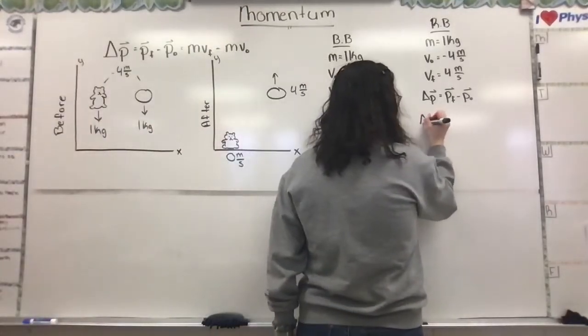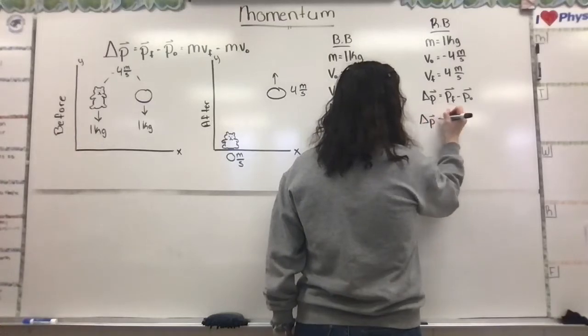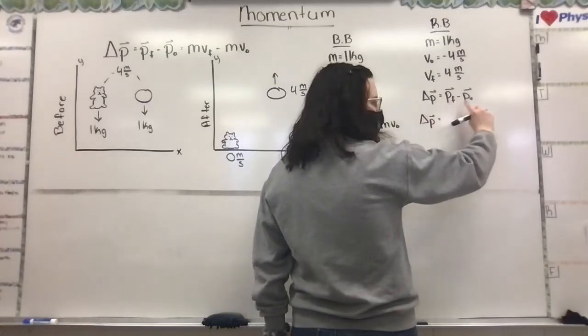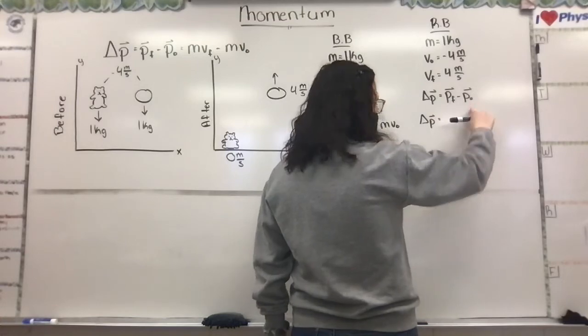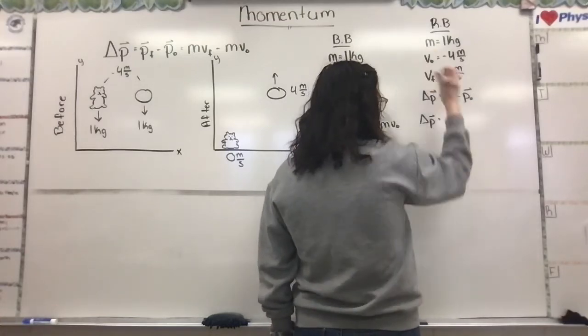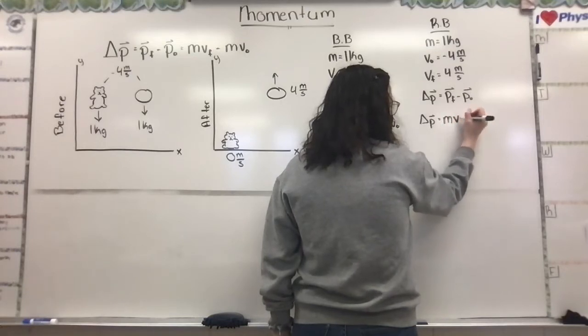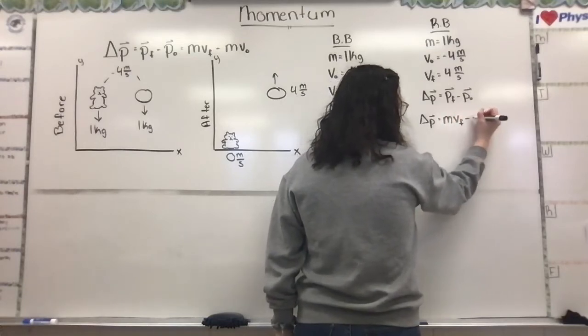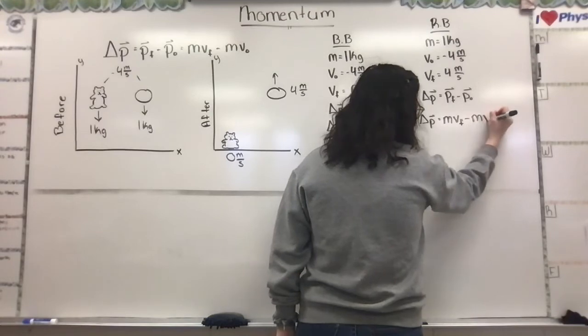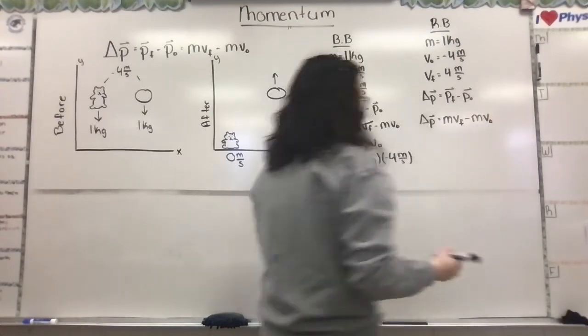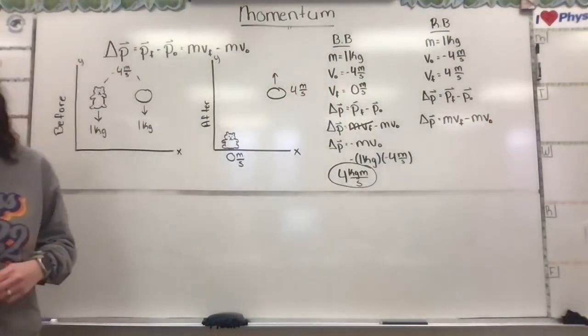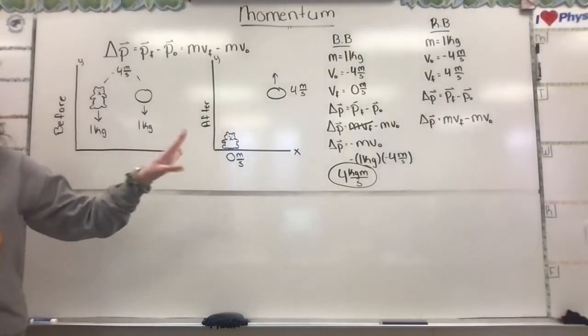From there, we can expand what the final and initial momentums are so that we can see how it relates to our variables. So we're going to have the mass times the final velocity minus the mass times the initial velocity. Is anything going to be equal to 0 this time?